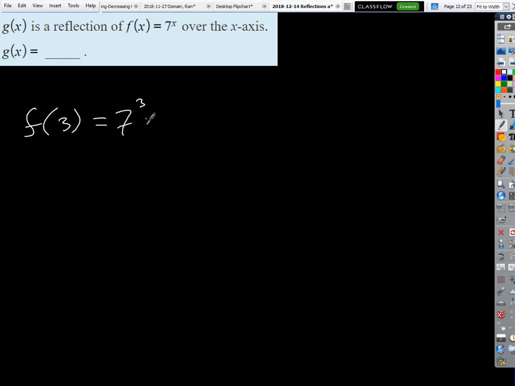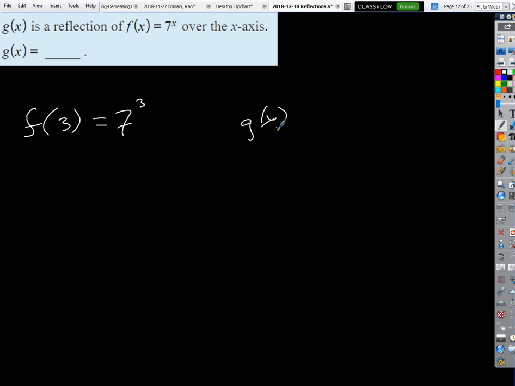So what am I going to do if I want to make a reflection of this thing over the x-axis? I want to take this function, f of x, and write g of x in terms of the exponential function. What's that going to look like if I want to reflect the function 7 to the x over the x-axis?